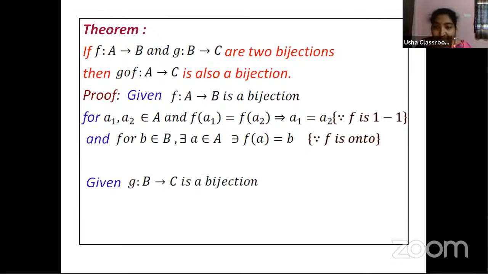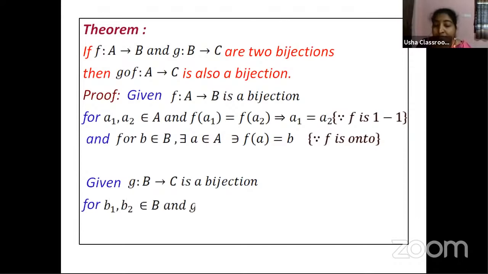That means when you select two elements from set B, if the images of those two elements are equal, it means that the elements are also equal, right? So for B1, B2 belongs to B and G of B1 is equal to G of B2, it implies B1 is equal to B2.